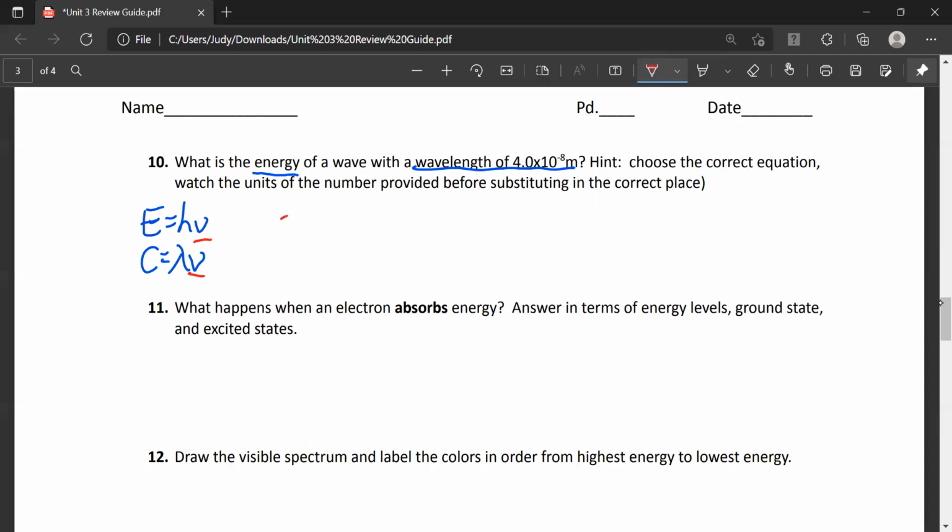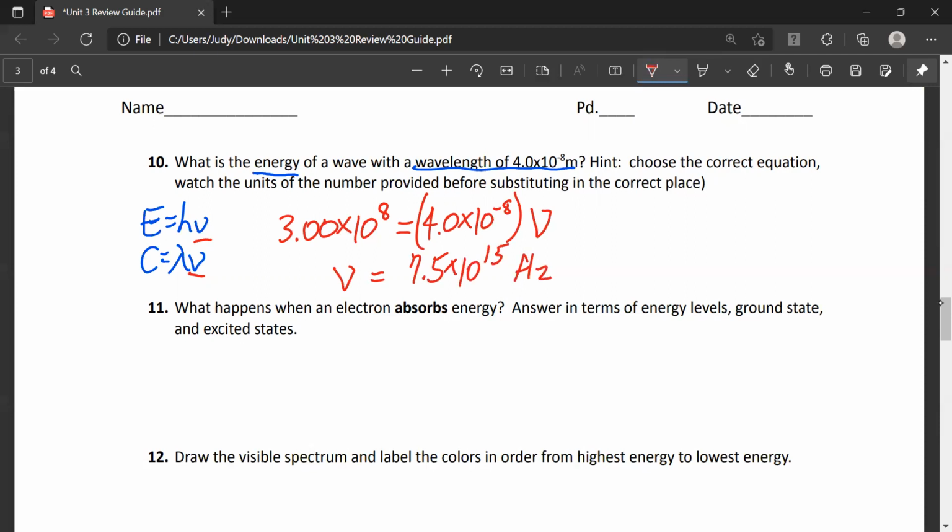So first thing first, I'm going to use the c equals wavelength and look for the ν. If our ν ends up getting 7.5 times 10 to the 15 hertz, I'm going to plug that into the E equation.